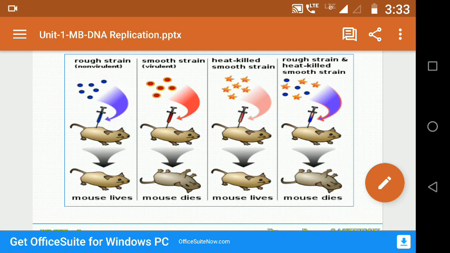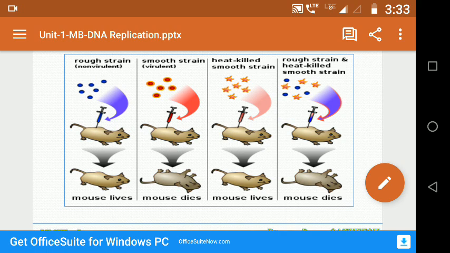He found that the dead mice contained smooth strain. That is only possible when the rough strain becomes a smooth strain. So the rough strain became smooth strain and that information came from the dead bacteria. This is called transformation. Transformation means the rough strain is transformed to smooth strain.